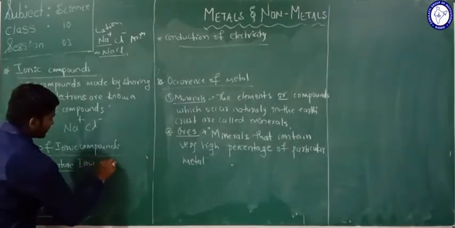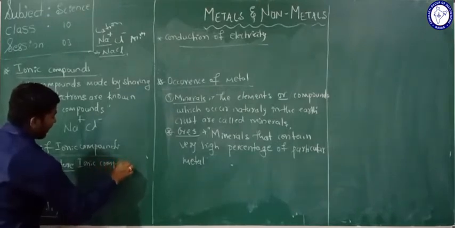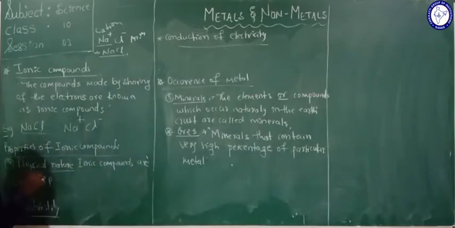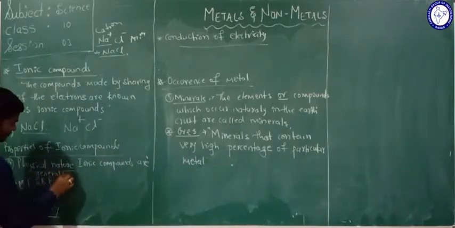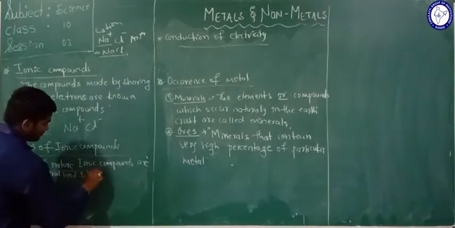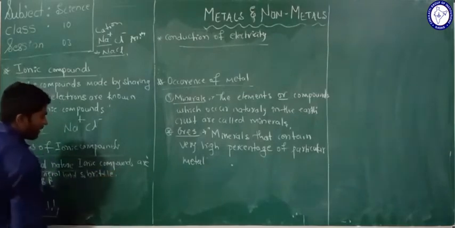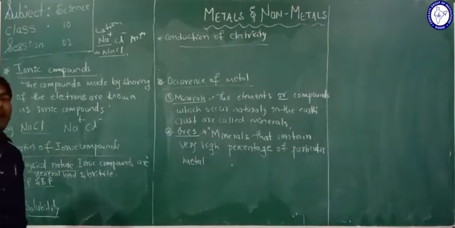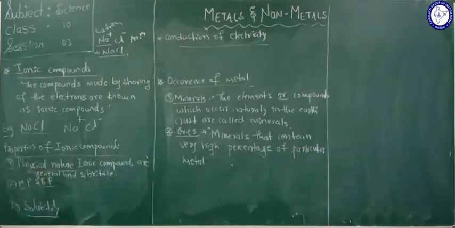Ionic compounds are generally hard and brittle. The physical nature of the ionic compound is that ionic compounds are generally hard and brittle. And what is the melting point and boiling point here?